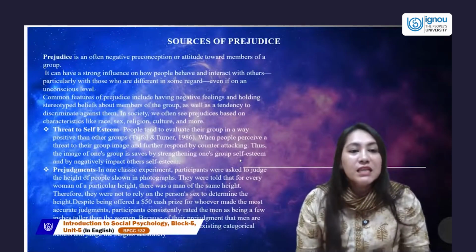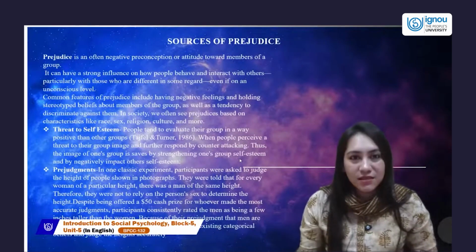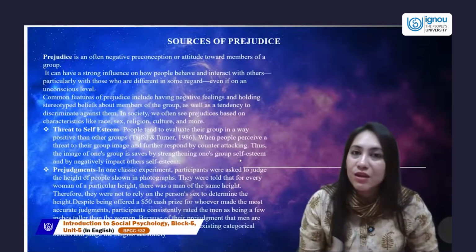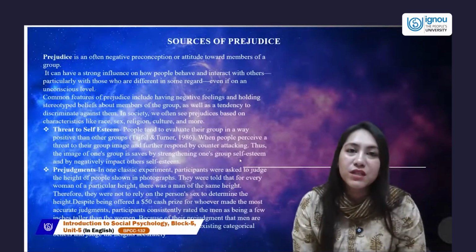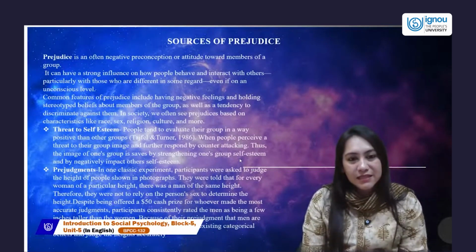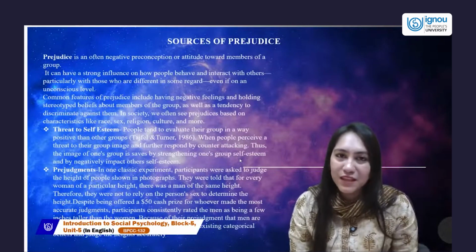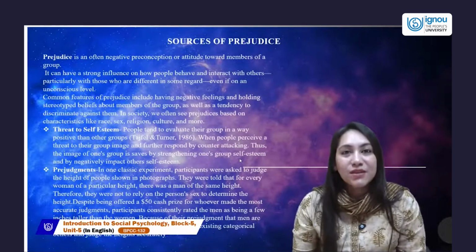in our society. Coming back to the sources, what is making us learn prejudices? The first point is threat to self-esteem. Tajfel and Turner stated in 1986 that people tend to evaluate their own group as far more positive than the others, which is correct.